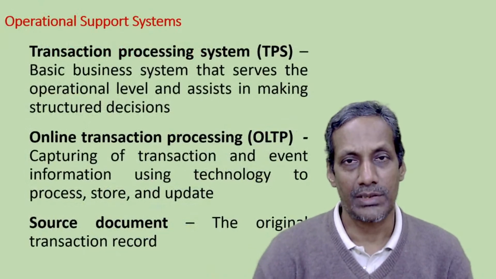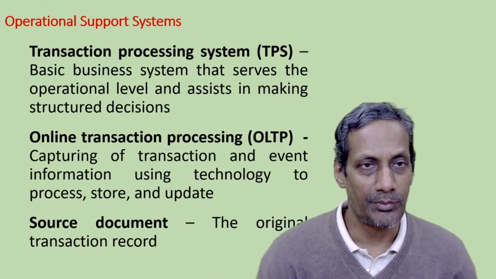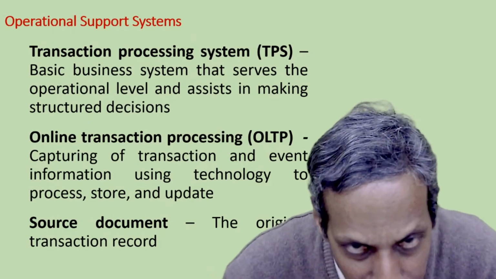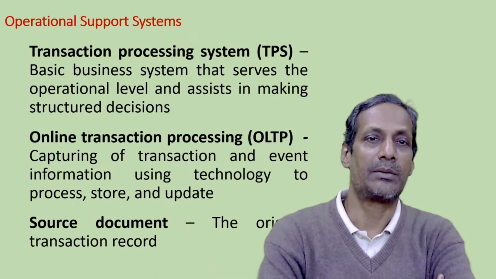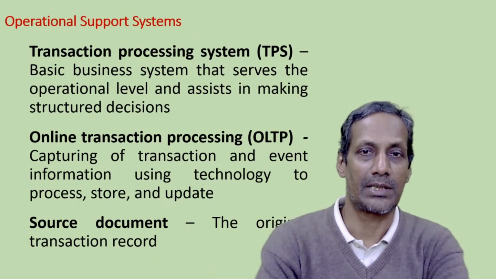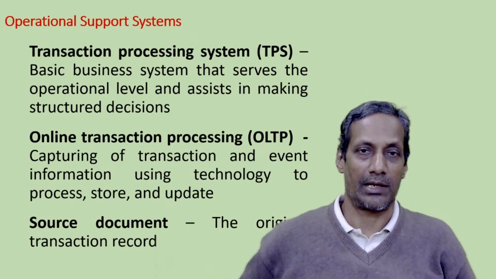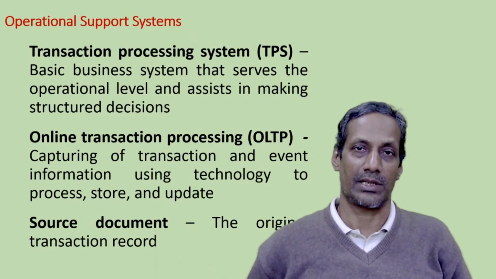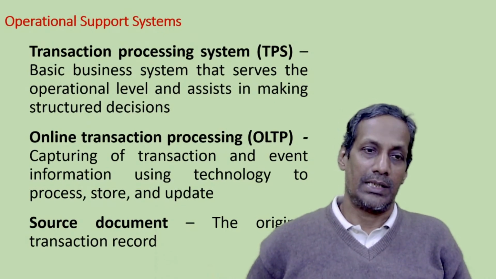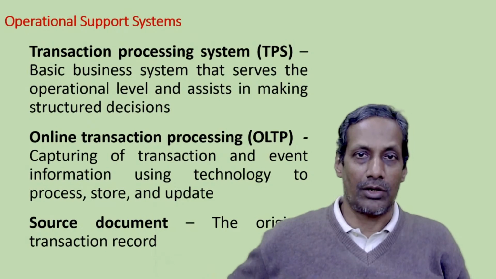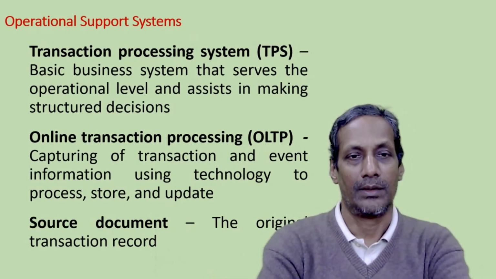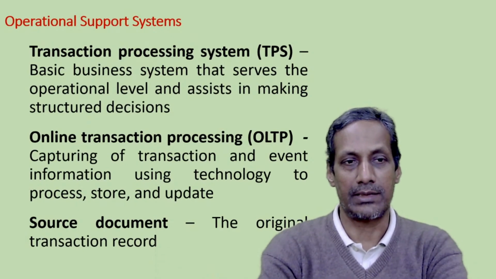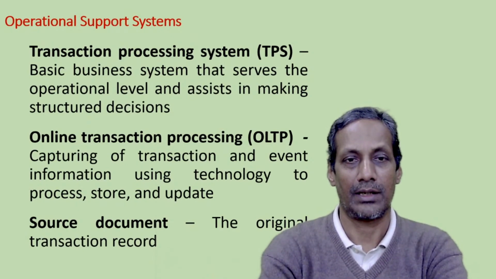So transaction processing systems are the information systems which serve the operational level managers. They are nothing but the basic business systems that serve the operational level and assist in making structured decisions. These are the systems which make good use of online transaction processing to capture the transactions and events.